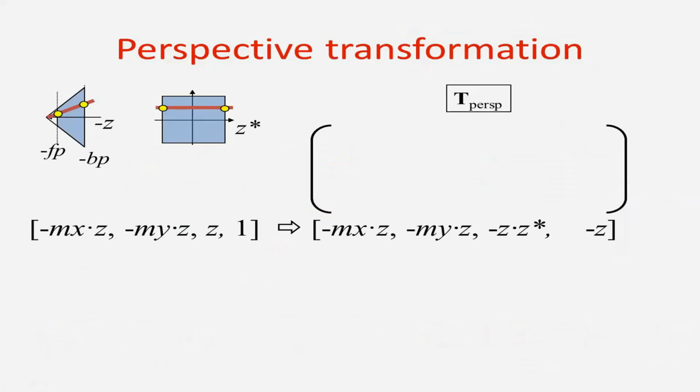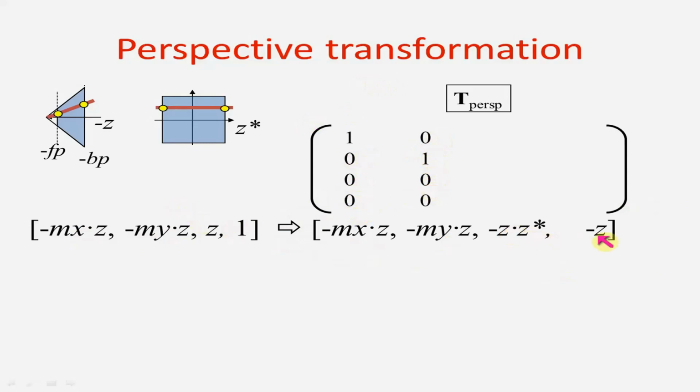The requirement is that for an arbitrary mx, my, and z, when multiplying this with the 4x4 matrix, we get this resulting vector. The first two elements of the vector are kept for arbitrary mx, my, z, which is possible if the first two columns of the matrix are 1, 0, 0, 0 and 0, 1, 0, 0.